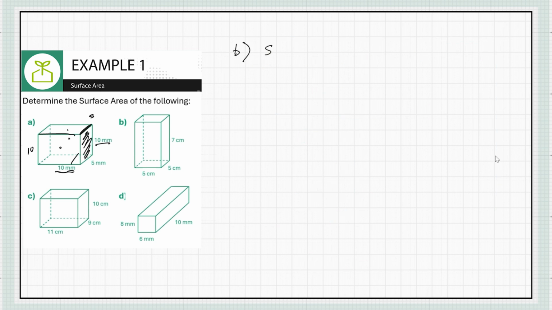Okay, let's look at B. For B, the surface area is going to be 2 multiplied by our base, so 5 by 5, plus 2 multiplied by this side pair of rectangles, so 5 times 7, and then plus 2 multiplied by our final side, which is this front shape, and that's again 5 times 7.